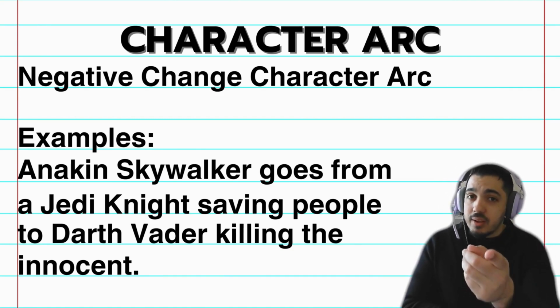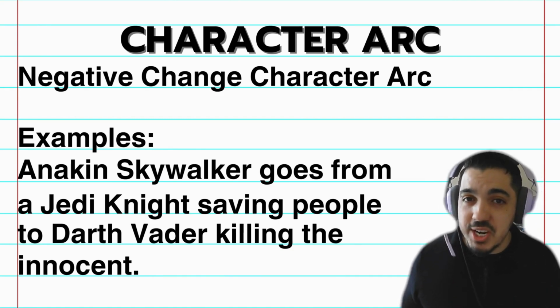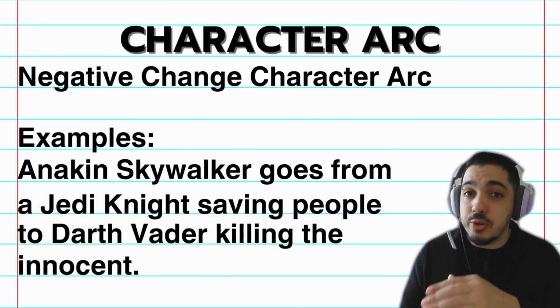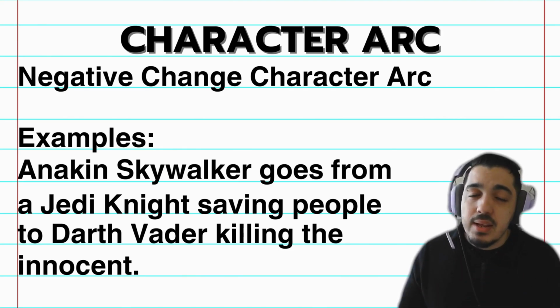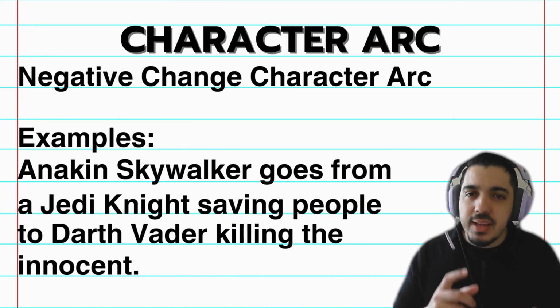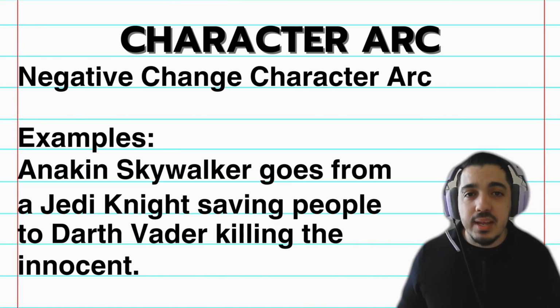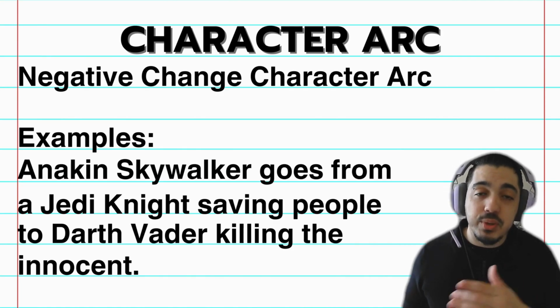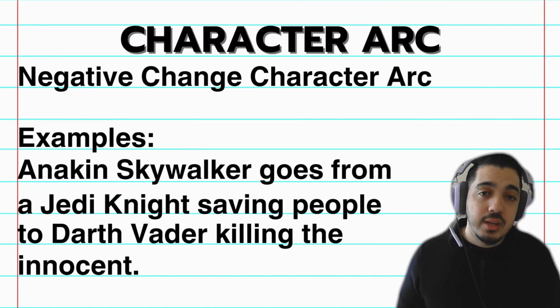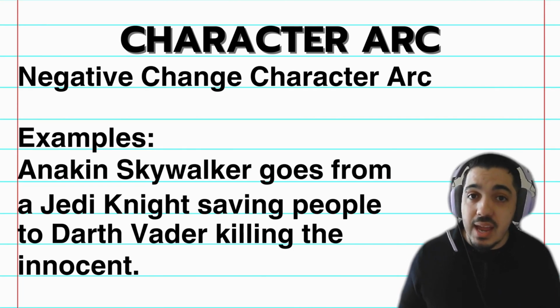But if we go to the example of the positive change again, think about Darth Vader, how he went from evil in A New Hope to Empire Strikes Back, and when you get to Return of the Jedi, he's kind of already changing, getting to know his son a little bit, and then he ends up becoming good at the very end. So he does end up having another, a positive change afterwards to save his son Luke, and pretty much from there, the galaxy after that.